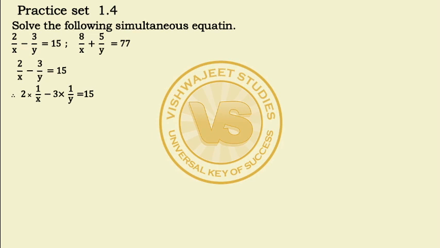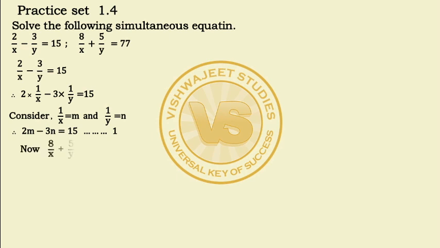Here we are going to consider 1 upon x as m and 1 upon y as n. By substituting the considered m and n into the above equation, we will get the new equation, that is 2m minus 3n is equal to 15. This is our first equation, and this equation is converted into a linear equation in two variables.